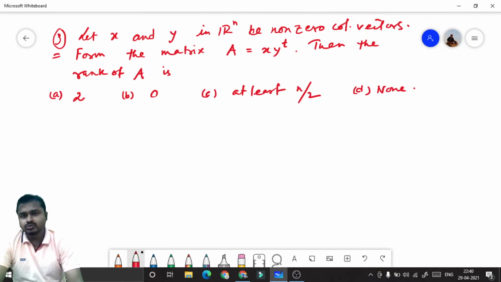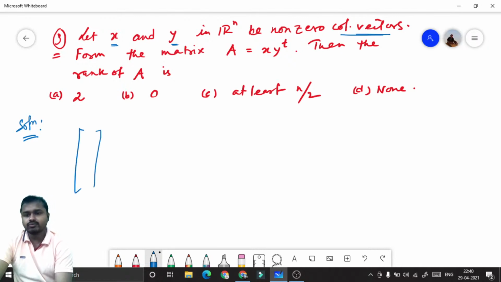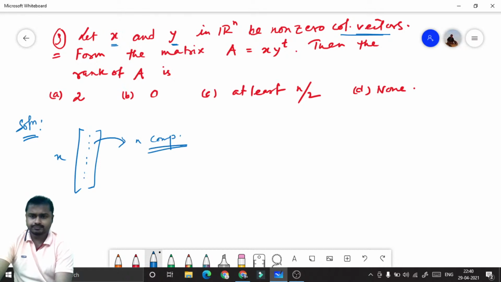Think about it, how to deal with this question. Solution: let x and y, they are from Rn, be column vectors. So this will be the form of x. Here n components are there. This is the form of y, this is the form of x, they have this form.